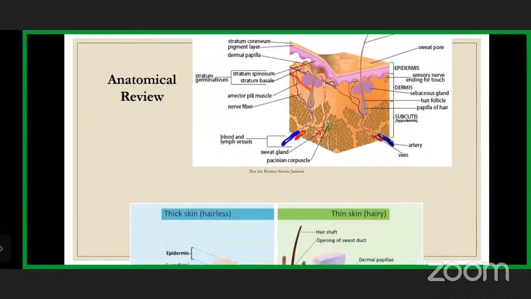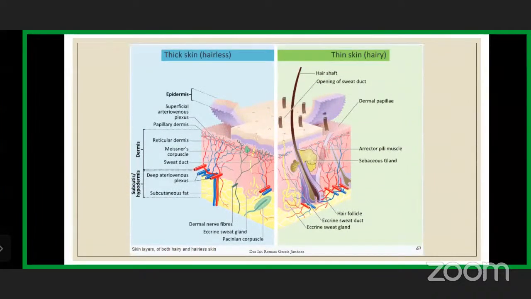So let's try to do it, okay? Moreover, we have this other slide showing the difference between thick skin, the hairless, and thin skin with hair. You can watch a few differences just as information, but of course we have anatomical details to consider.